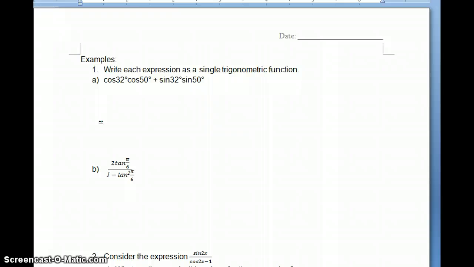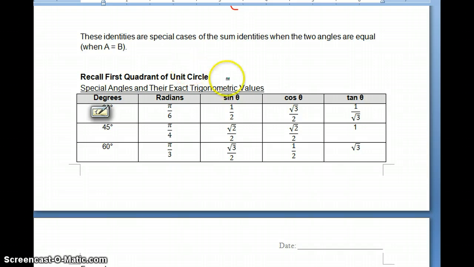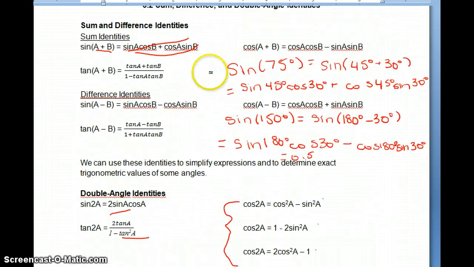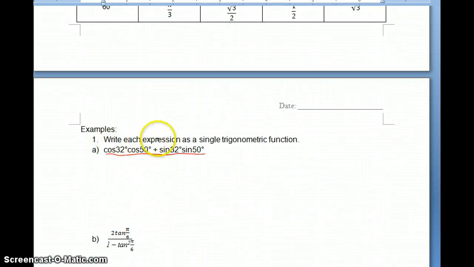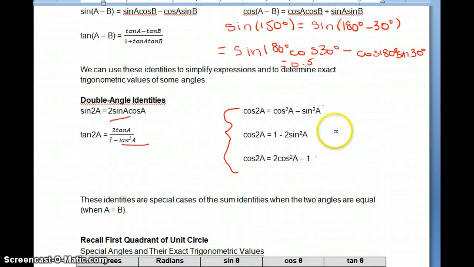Okay, so flipping on over to the next page, our first example: we need to write each of these expressions as a single trigonometric function. So what we have to do is compare what we're given here with these little equations up here. Which one does that first example fit? Here you notice that we have cosine times cosine and sine times sine.